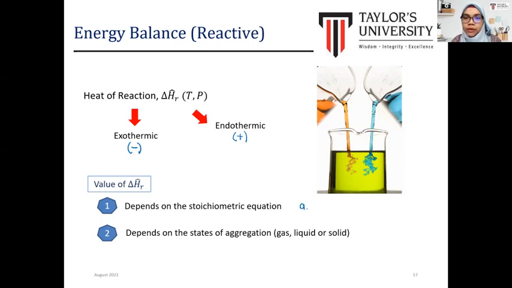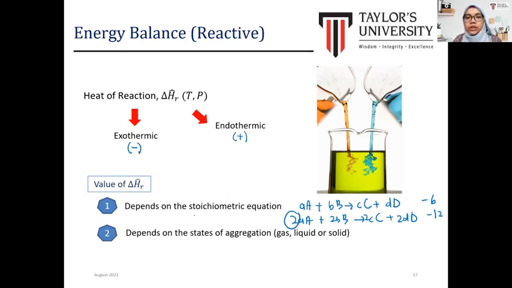For example, we have A plus B to produce C plus D, or if we have 2A plus 2B equal to C. Example here, the heat is -6, so it turns to -12 because we have 2 times the given.